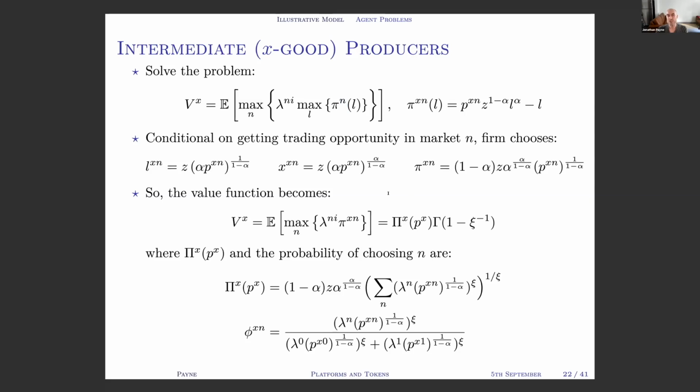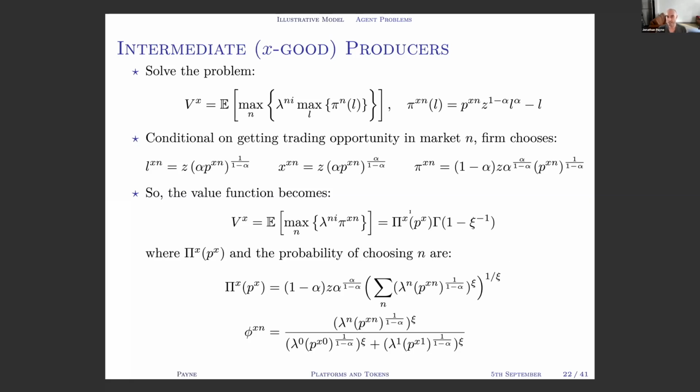Okay, and so what happens? The nice feature about using this discrete choice modeling, this Frechet distribution, is we get a very clean expression for the value function. When we take the expectation over the max choice, we end up with something that looks a bit like a CES aggregator, where the value function of these X good producers is a weighted average profit function times a constant, which is the gamma function evaluated at a certain point.